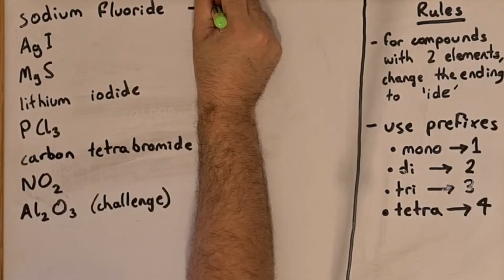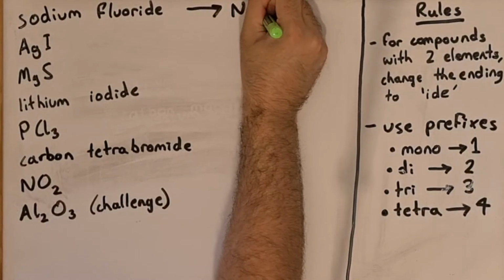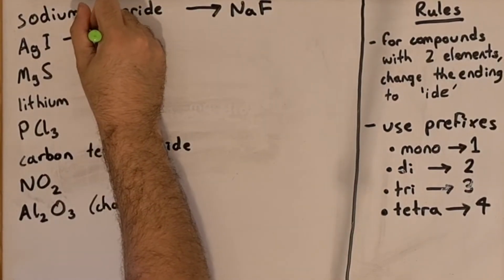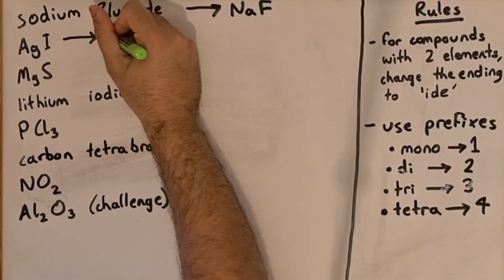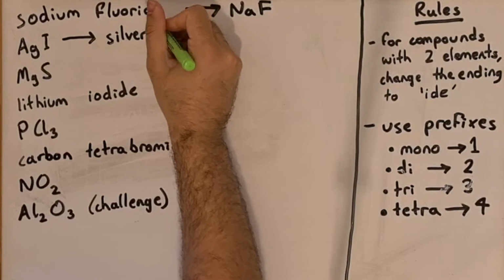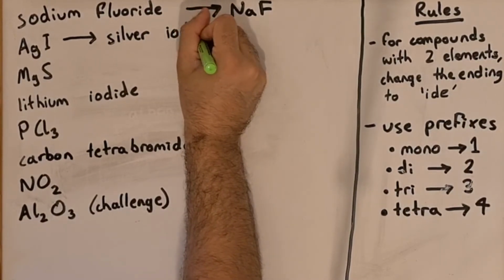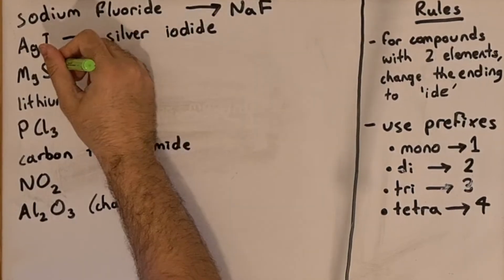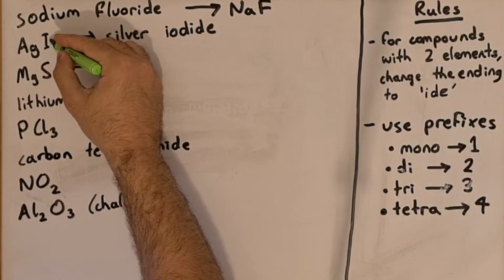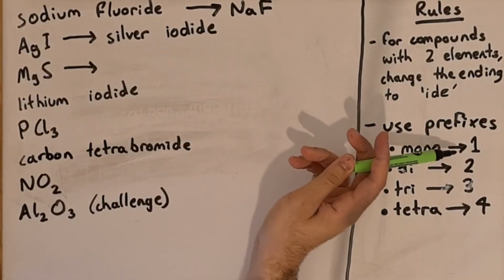Let's go through them. Sodium fluoride would be NaF, sodium and fluorine. AgI, to name that one, we would put silver for Ag, and I is iodine, but we end it in IDE, so we put silver iodide. A lot of these where there's only one of the second element, we don't always need to write the mono.